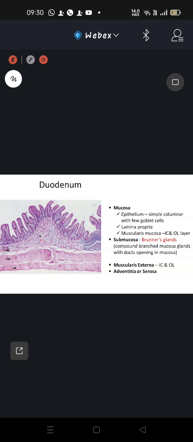It is somewhat disrupted by the ducts of Brunner's glands in the duodenum. And also the basic difference is that the submucosa in the pylorus doesn't contain any gland, whereas in the duodenum it is filled with the mucus secreting Brunner's glands.